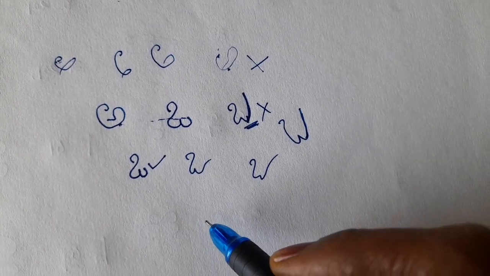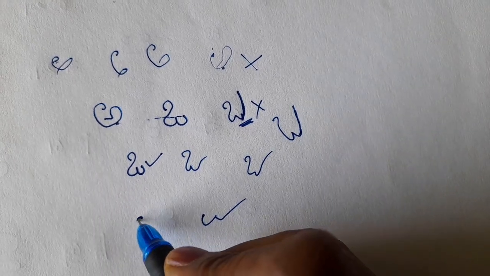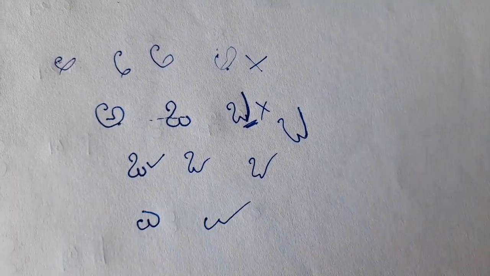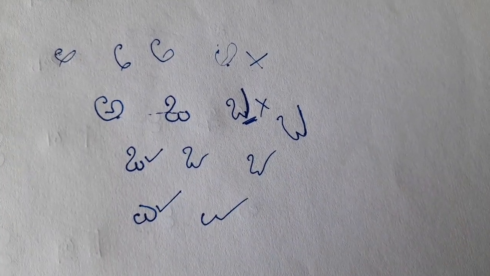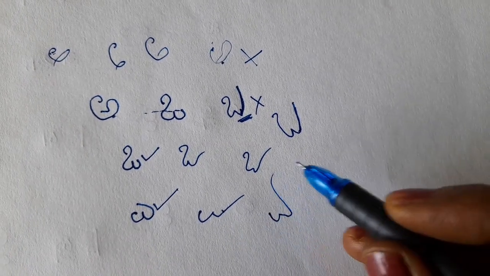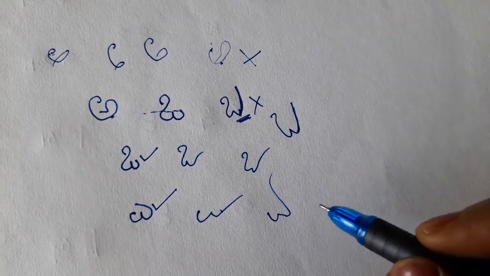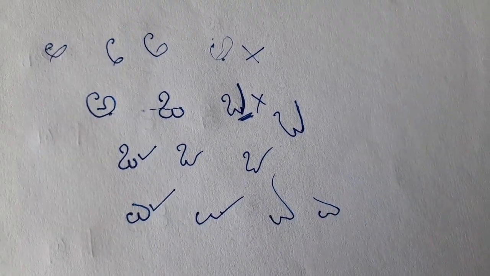Next is A. See, A is written like this. This is a right method of writing. Children write it either this way or this way. Many notes we have seen where children write it in a different way.